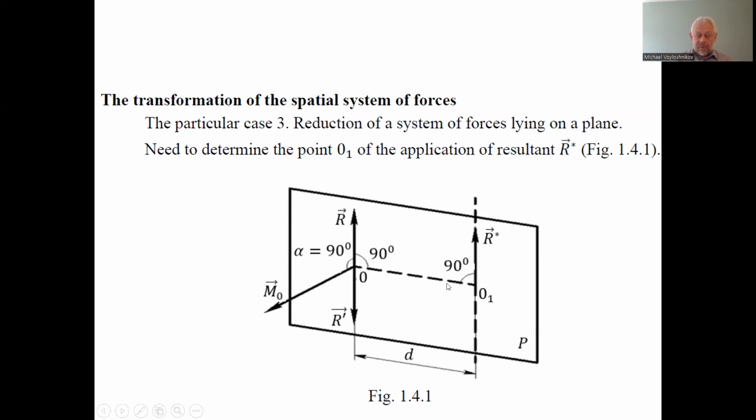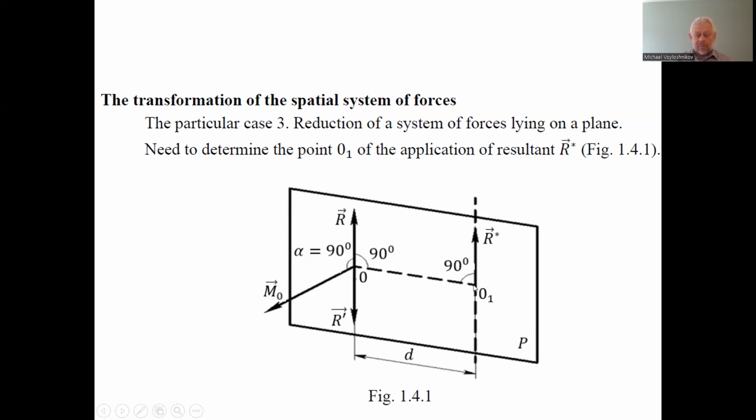The distance between these two forces, R stroke and R asterisk, are equivalent together to the free vector moment which we can apply to any point of this plane. So the distance is determined by the magnitude of the force and the magnitude of the moment.